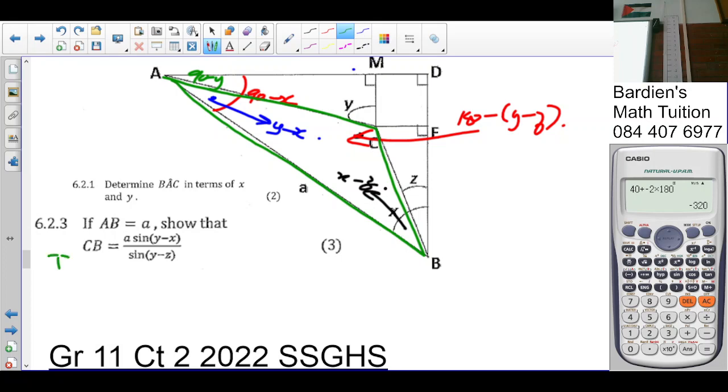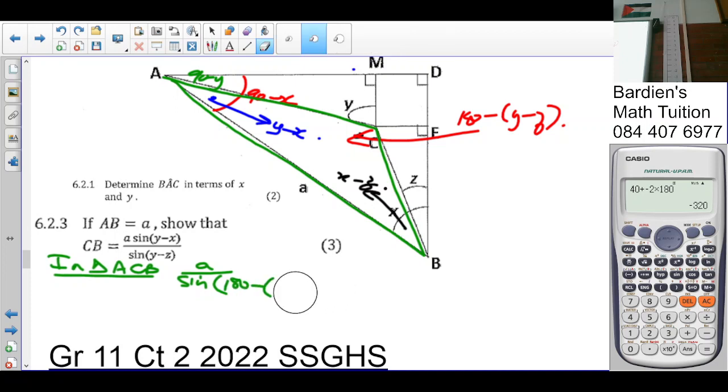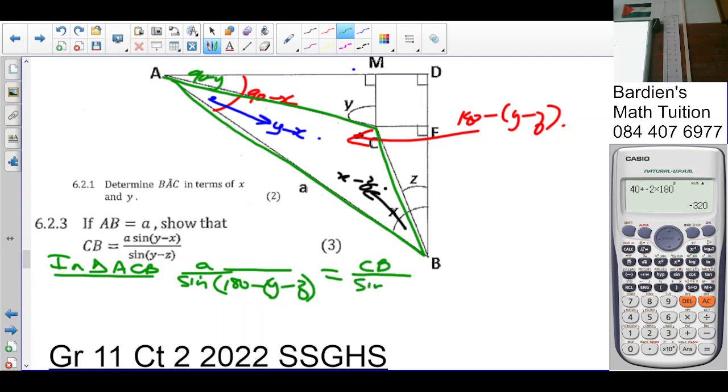It's going to be in triangle ACB: a over sine of 180 minus in brackets (y minus z), which is equal to CB over sine (y minus x).